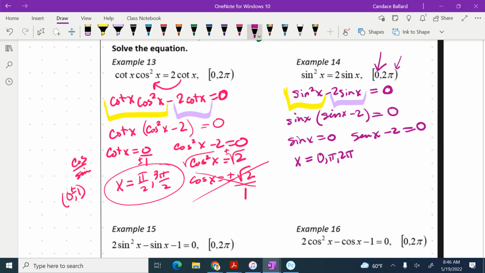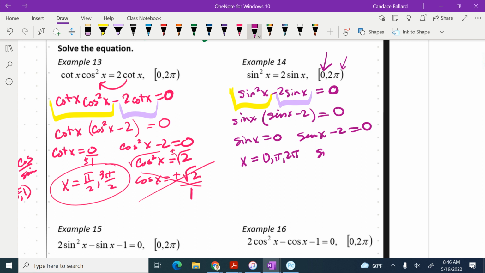Technically, because of that parentheses, 2 pi wouldn't be included, but I can let you get away with that. It's 0 over 2 pi. 0 is going to win. Okay. All right. And then we're going to go sine of x equals 2, right? Is 2 on our unit circle in the y spot? No. So this one, again, is extraneous. So these are our only solutions for that.